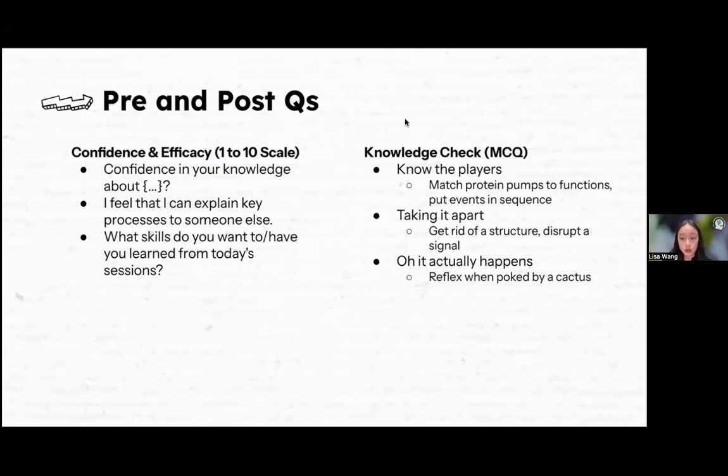And then taking the structures that you put together apart, right? What happens if I get rid of a protein pump, let's say? What happens if I disrupt a signal or if I added a signal? So these are preliminary examples for students to think through both before we actually start drawing and then after we draw.